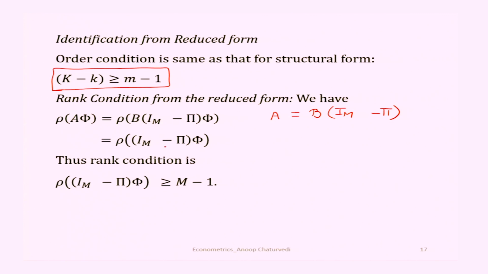So, the rank condition is rank of A phi greater than or equal to m minus 1, or rank of I m minus pi phi greater than or equal to m minus 1. Using this condition you can check the rank condition in terms of the reduced form coefficients.